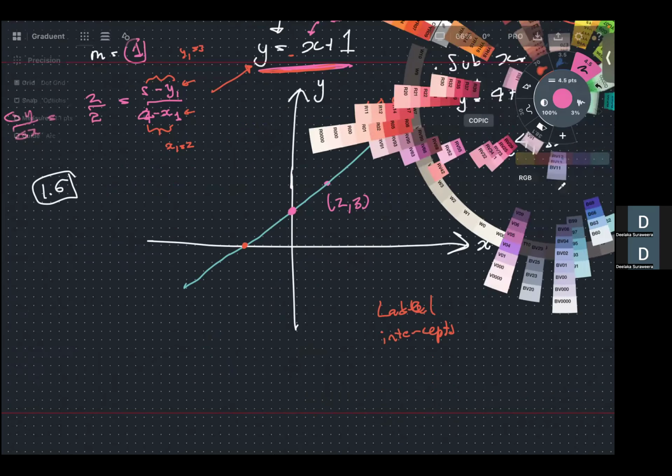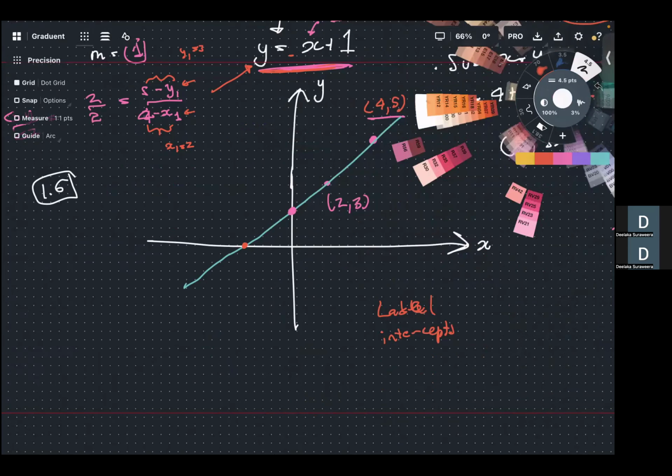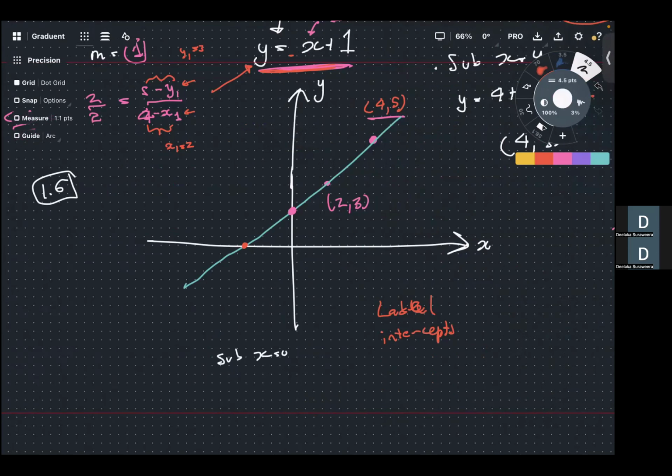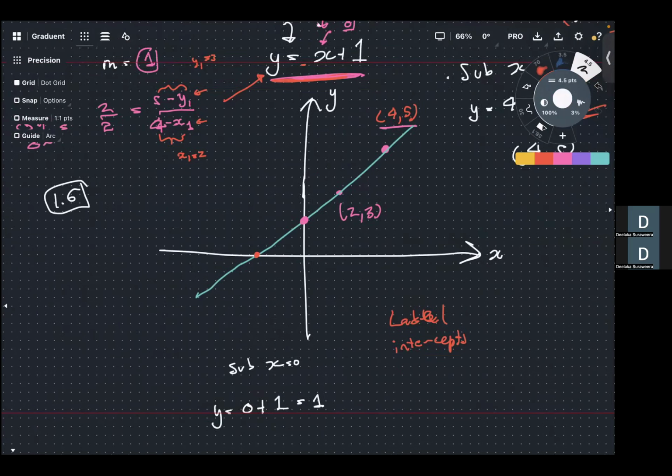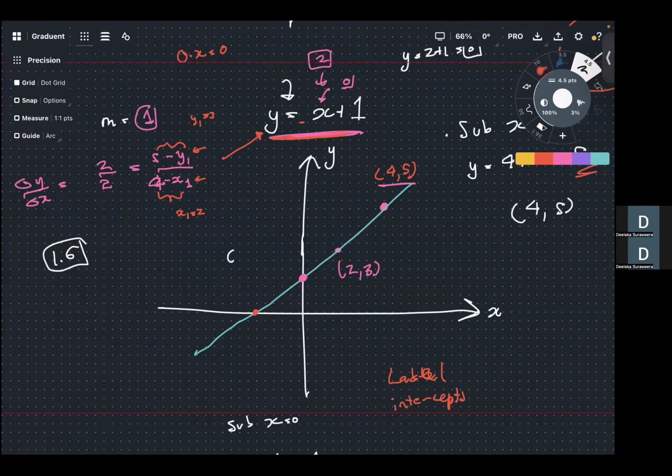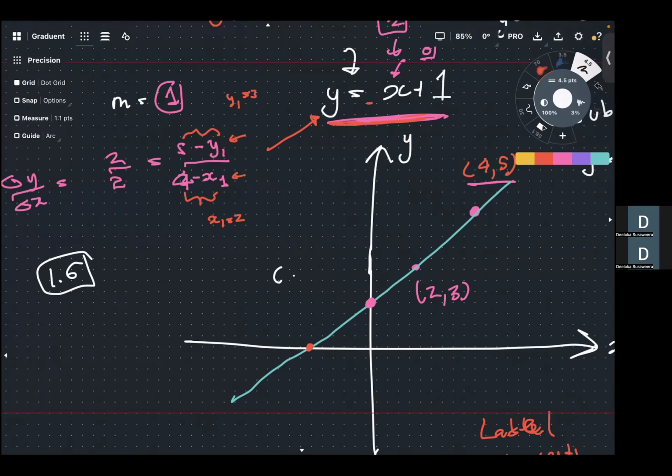So you sub x equals 0 into the equation. Then you get y equals 0 plus 1, which is 1. That means my y-intercept is what? Yes, (0, 1) as a coordinate. In a test, they might give you just 1, but for you, write the proper coordinate.